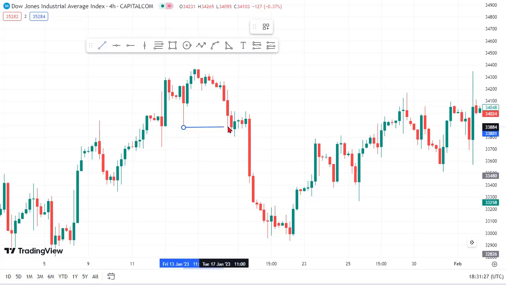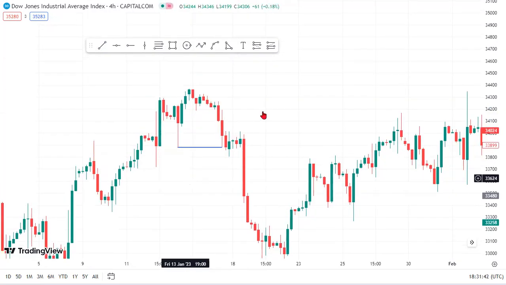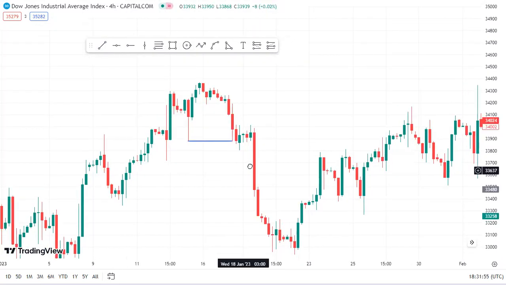So it's this zone. And this was the high. It gave you a high, gave you a low, considered the high, broke your low, then had an impulse.